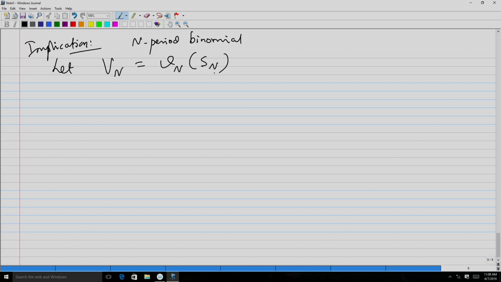What are these derivatives? You can take simple European call, European put and so on, but this will not be, say, a path dependent option. If you take that, then this is not true, but we are looking at the simpler case where this is a function of S_N, right.